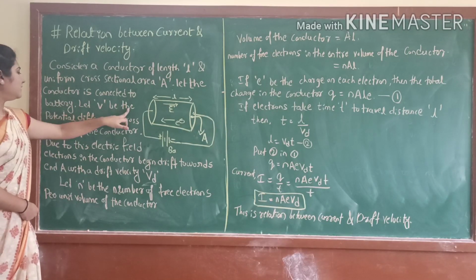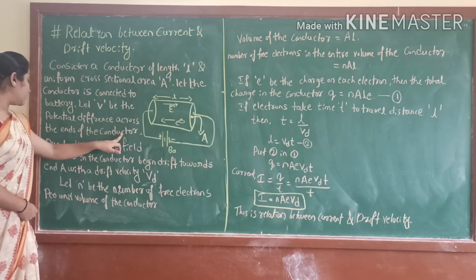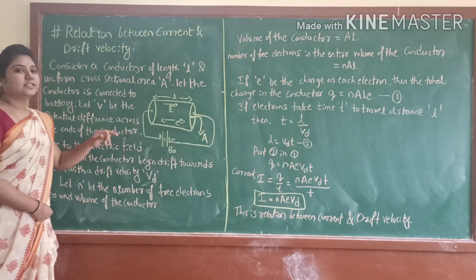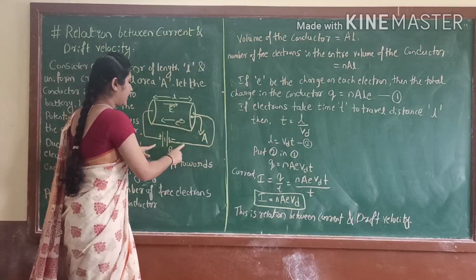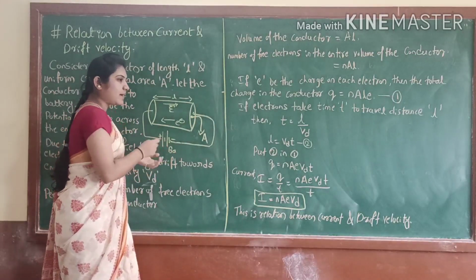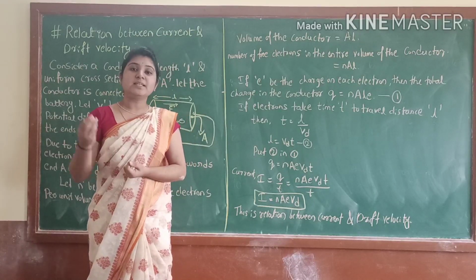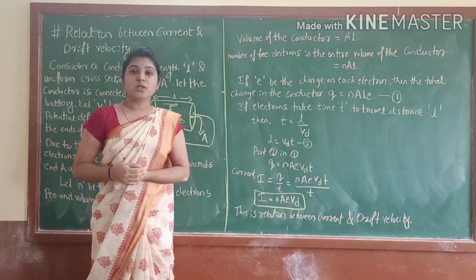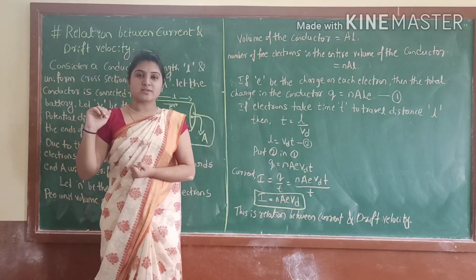Let V be the potential difference across the ends of the conductor. Yes, the ends of the conductor. Two ends I am connecting to the battery, right? So with the help of this battery we are giving the potential difference. That means we are giving energy to the electrons to move in a conductor, correct?